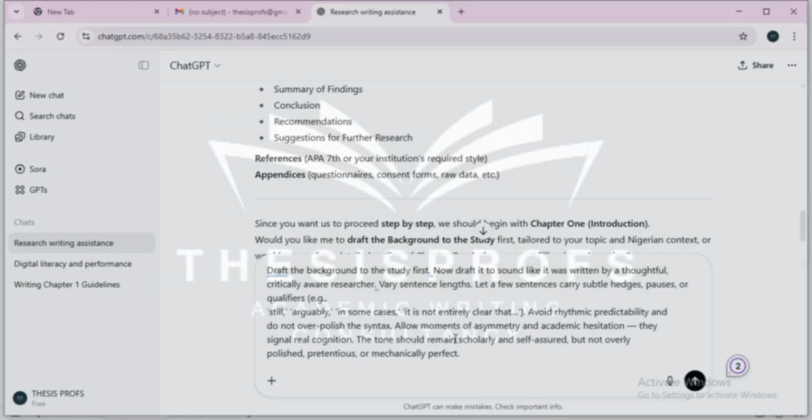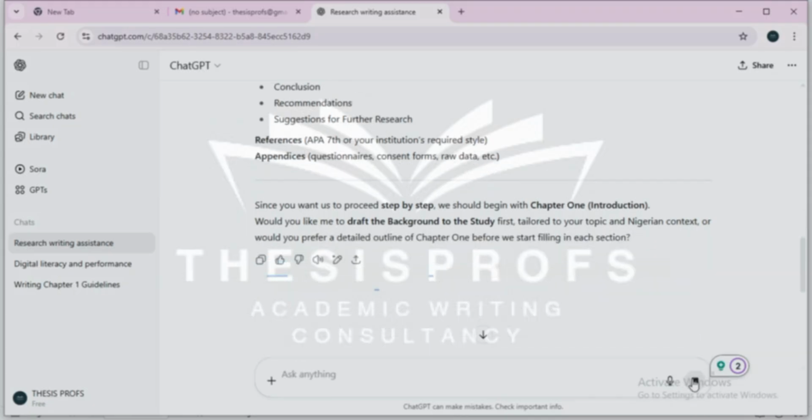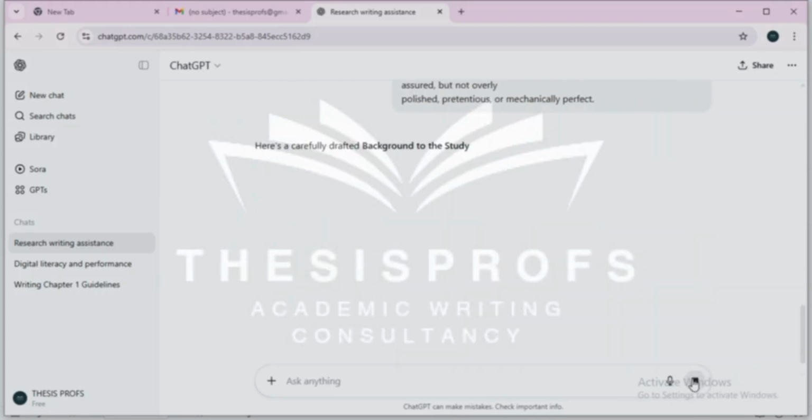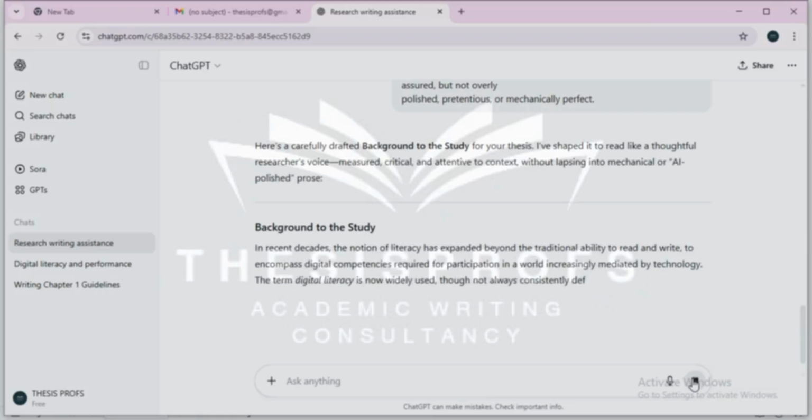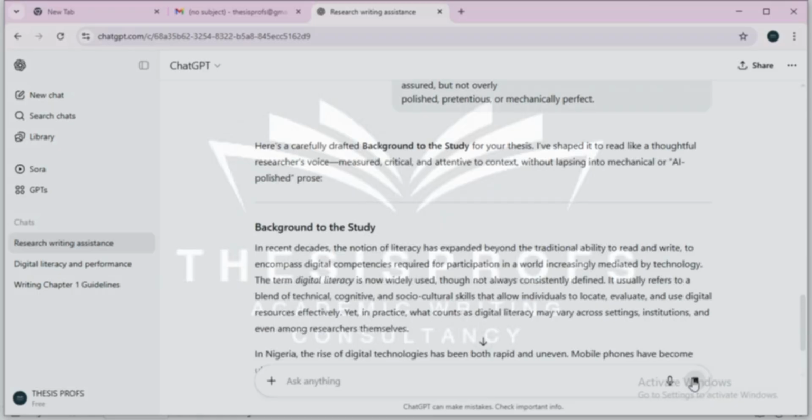Now, this is what I have prompted this AI tool to follow in providing my background to the study. So I'll send this. Now let us see the outcome. So here is a carefully drafted background to the study for your thesis.